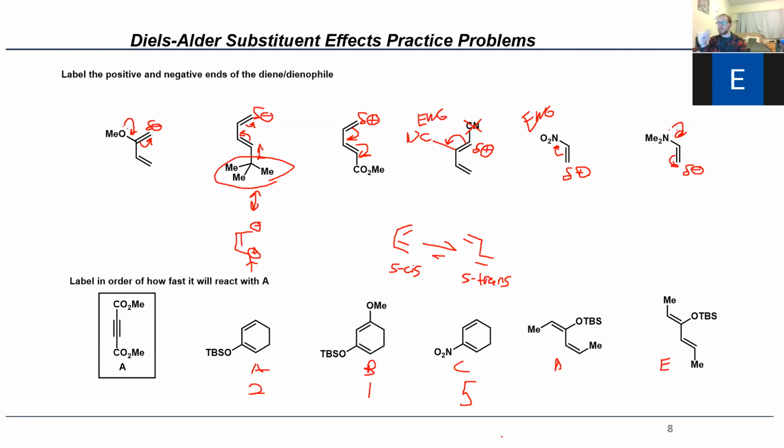And so when we compare now D and E, we should draw them in their S-cis configuration. That might give us some amount of insight here.